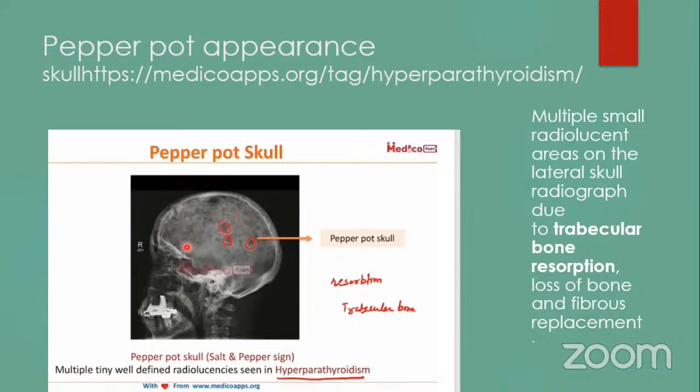And then we have areas that look radiopaque. That's where we still have some trabecular bone remaining. So you find multiple small radiolucent areas on the lateral skull radiograph due to trabecular bone resorption and loss of the bone and fibrous replacement. So the bone that is lost is replaced by fibrous tissue, the bone marrow.